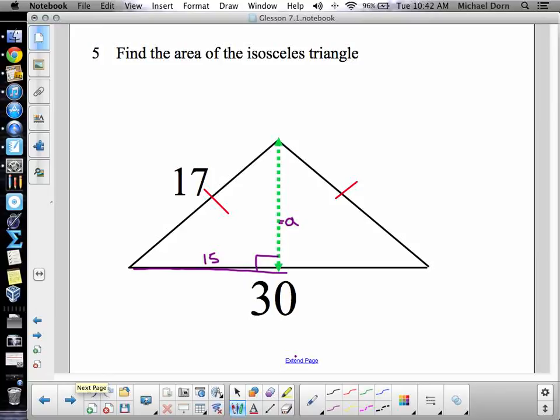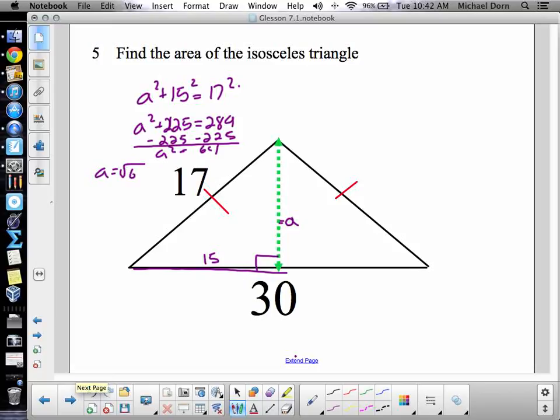So I set it up: a squared plus 15 squared is 17 squared. So a squared plus 225 is 289. We subtract the 225. 64 is a squared. So a is the square root of 64, which is simply 8. Happy days. Nice whole number.